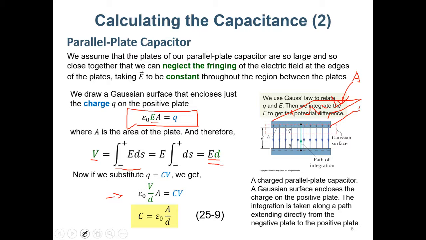V can be cancelled on both sides, so the rest is simply C equals epsilon 0 times A over D. The capacitance of a parallel plate capacitor is proportional to the area.